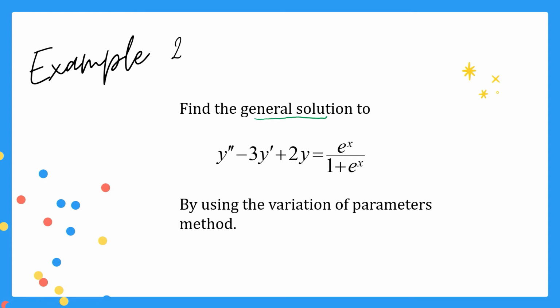The question does not mention whether to apply the variation of parameters method or the undetermined coefficient method. It just asks you to find the general solution for this particular question.